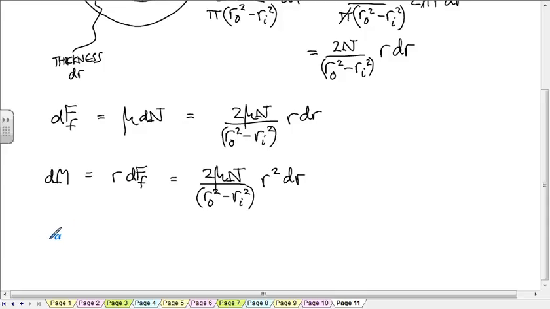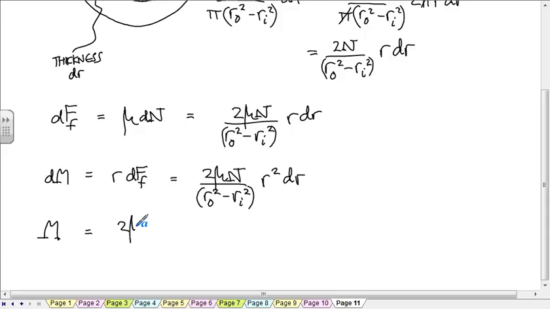And so the final step is just integrate. M is equal to the integral for the radius going from r inner to r outer. And actually we have all these constants. Let's pull those outside.